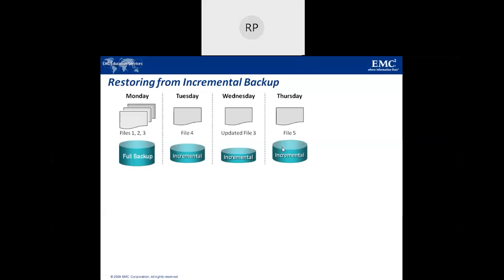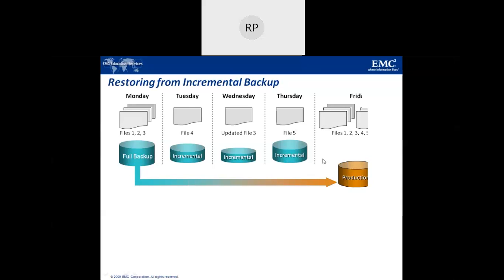Then on Thursday you have taken the backup of file 5. Then if the system fails, this full copy of the data is taken and every increment of that backup is going to be added. I'm going to add this one and this one. This is how the incremental backup works.